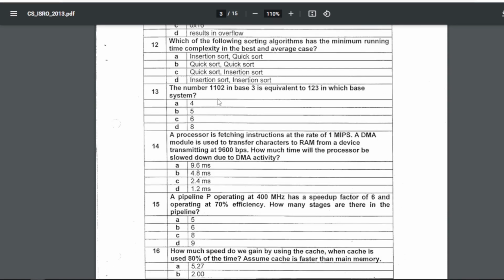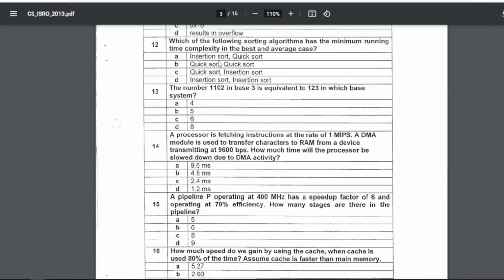Now question number 13: the number 1102 in base 3 is equivalent to 123 in which base system? To solve this question, first you have to change the base. So 1102 in base 3 equals 123 in base, let's say, x, right? Now you will convert and get the value on the basis of that x.